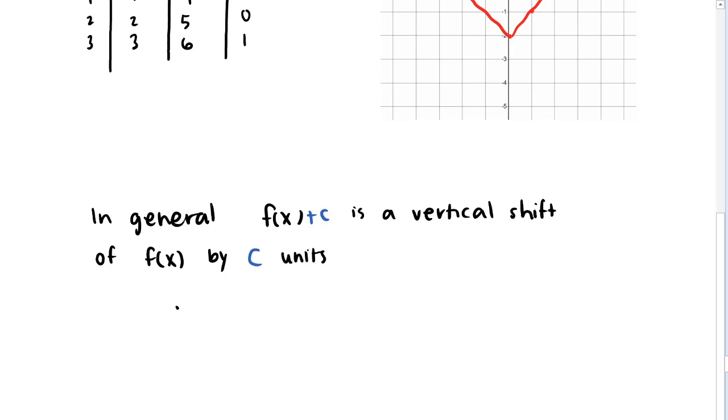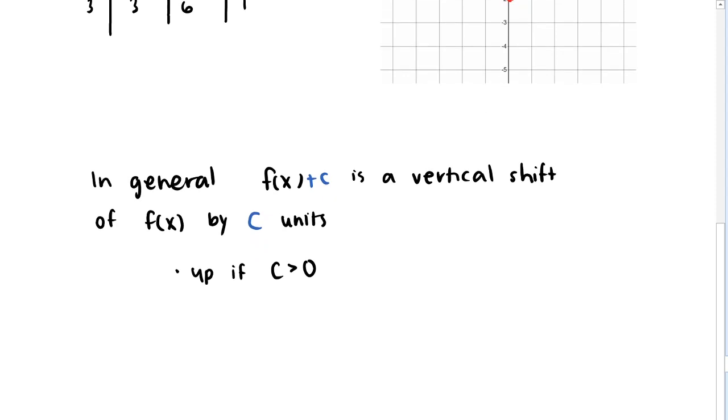Right, so it shifts upwards if c is greater than 0. If we're adding some positive number onto this output of our function, and then it goes down if c is less than 0, right? If we're adding on some negative value to this function, it's going to shift our graph downwards.